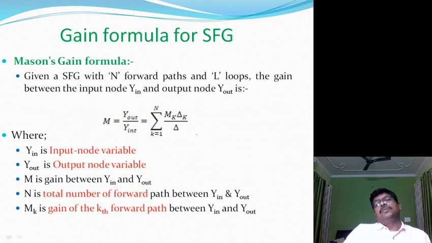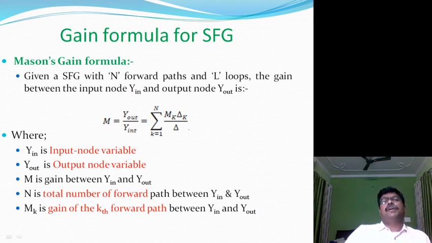Now to solve this signal flow graph for the output, since it will not be so simple like this, that SFG may have a number of forward paths and a number of feedback loops. So solving is easy with the help of Mason's gain formula.